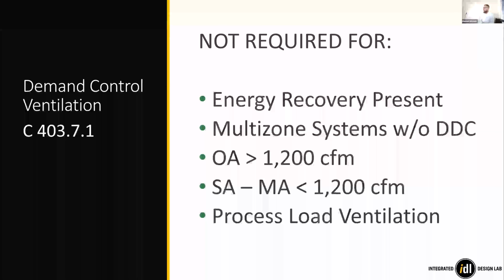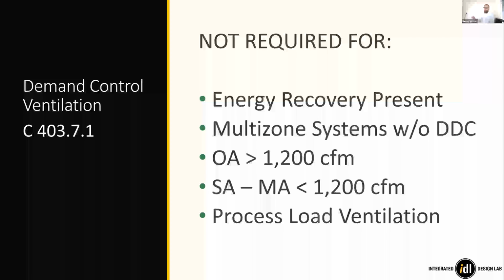Know your occupants for your zones, know your spaces and their sizes. And then from that, calculate your minimum outdoor air CFM so that you can do a quick check. If it's an Excel table, you can filter for, okay, well, if it's less than 1200 CFM, great, then I'm not going to have to worry about demand control ventilation in that zone or something like that.